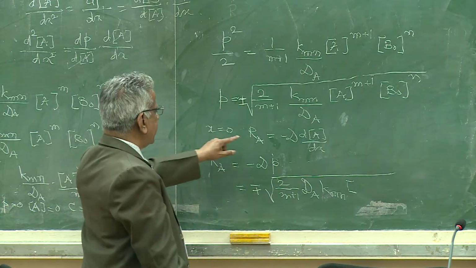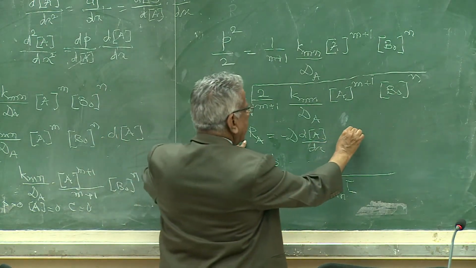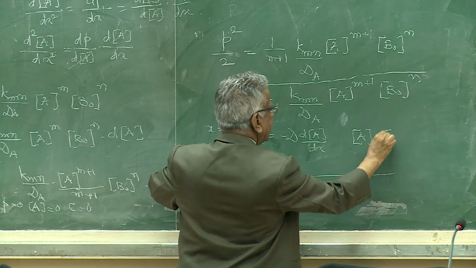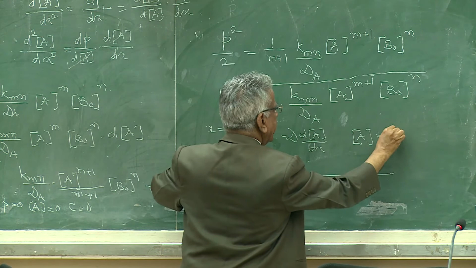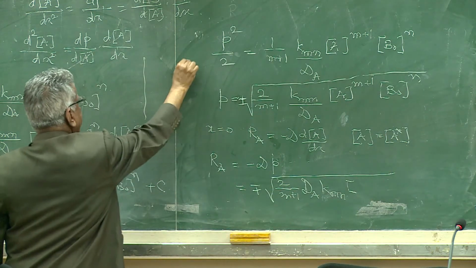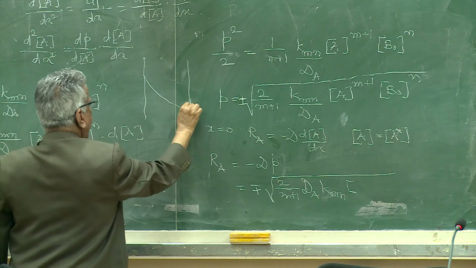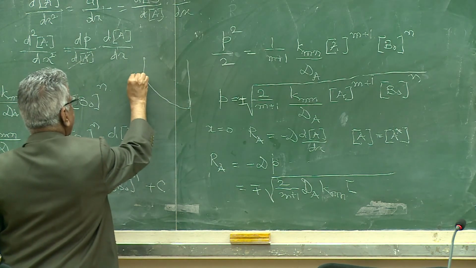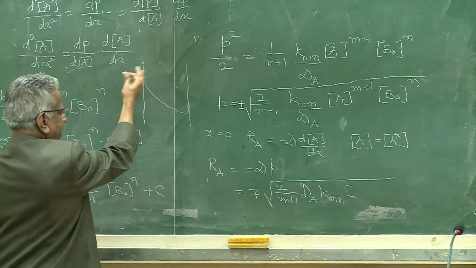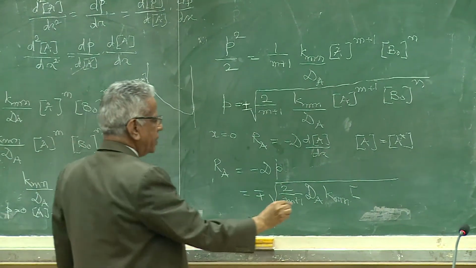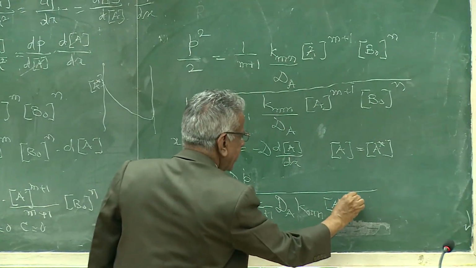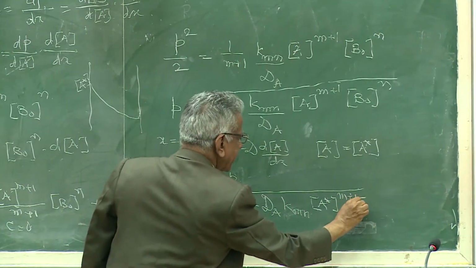Similarly, at x is equal to 0, A is equal to A star, which is saturation concentration. We are talking about all the reaction happening in the film, and at x is equal to 0, A is A star, and the slope multiplied by diffusivity is the rate. So, now we write A star raised to m plus 1 and B naught raised to n.